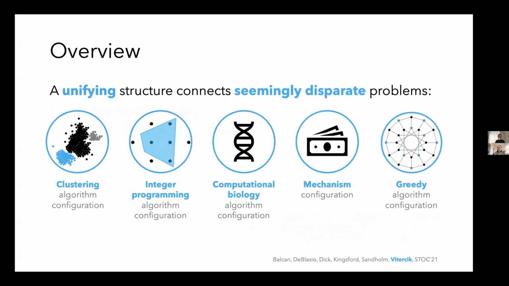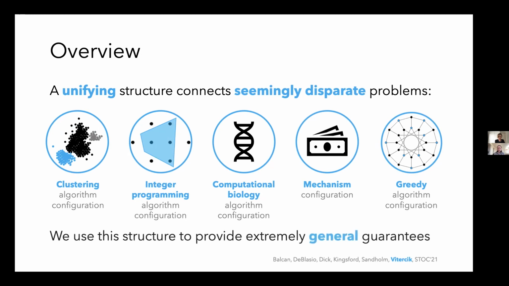So in this section, I'm going to describe a unifying structure that connects these seemingly disparate configuration problems, including clustering algorithm configuration, integer programming configuration, computational biology configuration, mechanism configuration from economics, and greedy algorithm configuration. And I'm going to show how the structure can be used to provide extremely general guarantees.